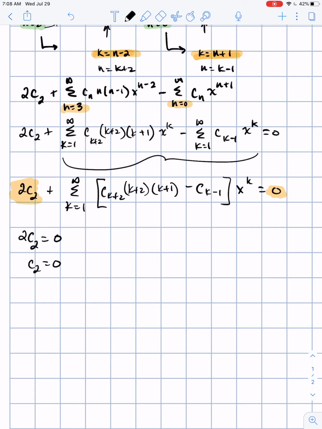Because it's addition and you're having this sum equal 0, you know that first term has to also be 0. So in this case, c sub 2 will equal 0. Now in order to find k here, we could use what's inside. So you're setting this inside portion equal to 0.